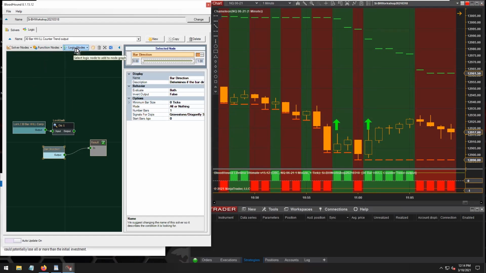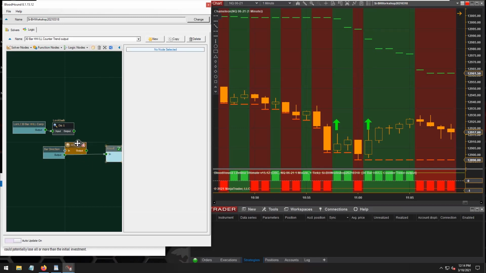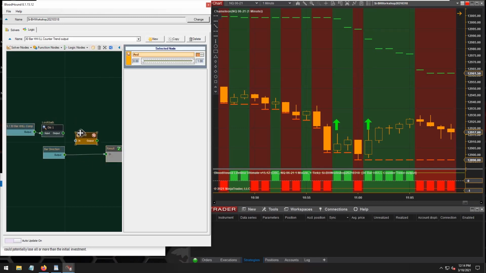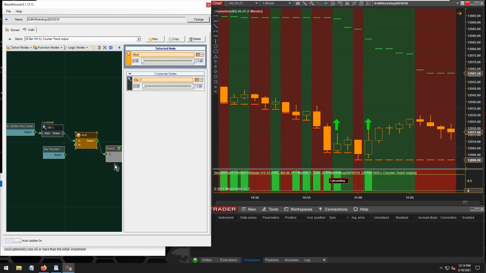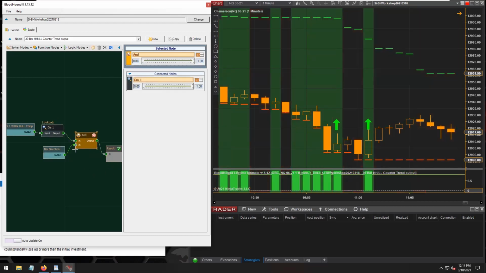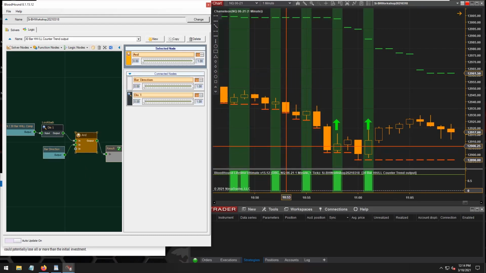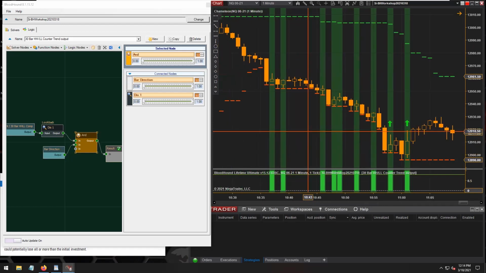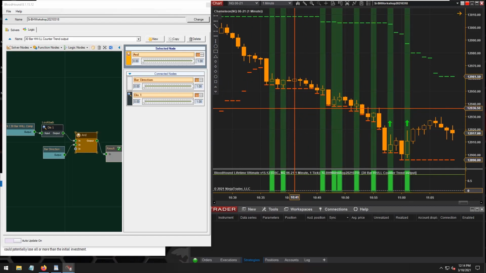And if we join those two conditions together with an AND node, we have that, and then we add this bar direction in like that, and there we go. So now we're left with some filtered signals there.